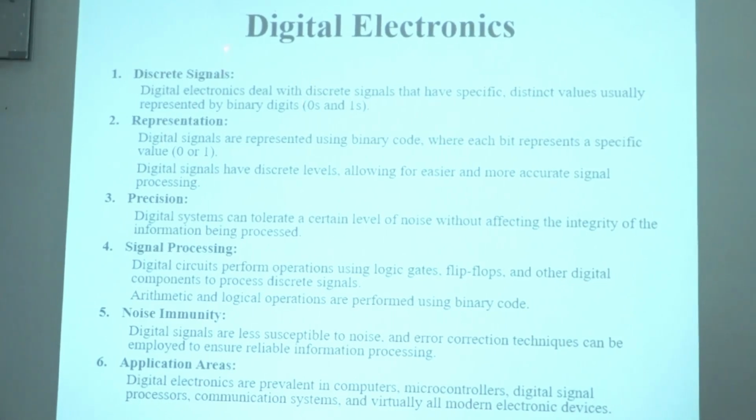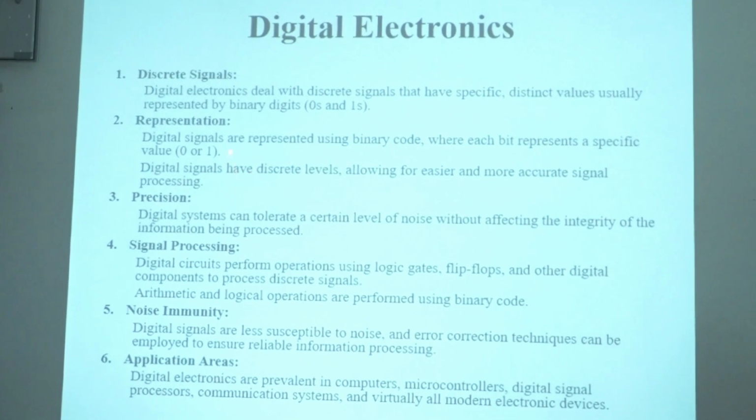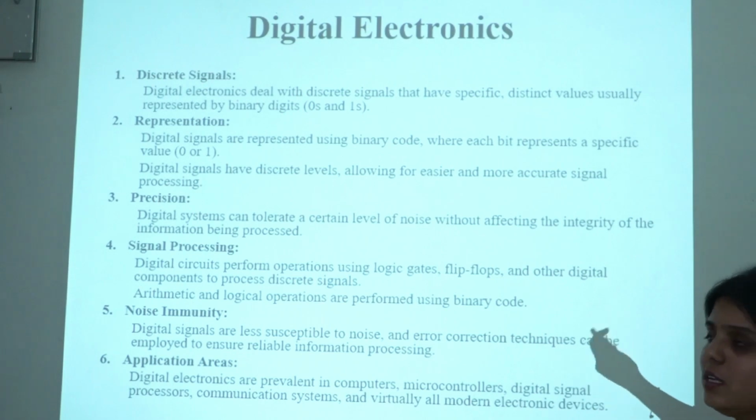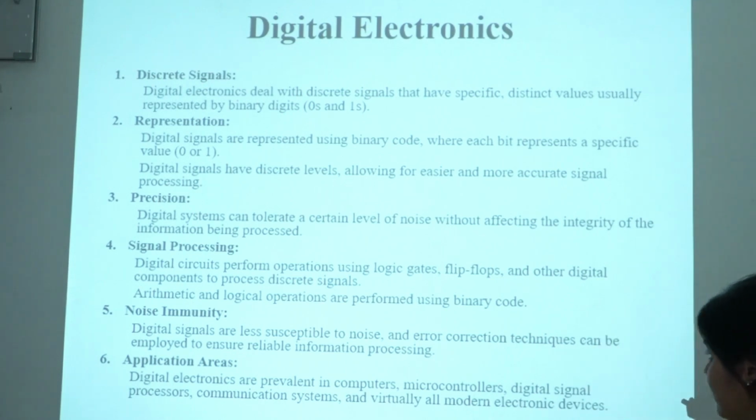Next, coming to the representation, digital signals are represented in various forms. When you are using binary code, they are usually represented with 0 and 1. We also have other forms of representation of digital signals, which we will see once we step into the concepts.